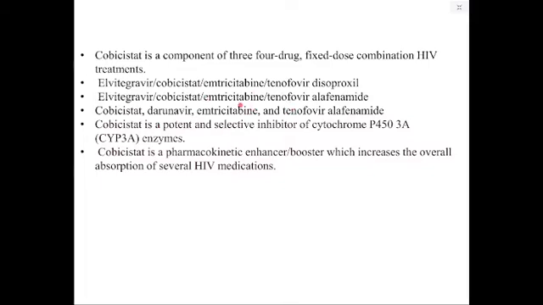And once you give them in lower doses or lower strengths, then you minimize the toxicity. It is also a potent and selective inhibitor of cytochrome P450 3A, and most of these drugs are substrates of cytochrome 3A4.